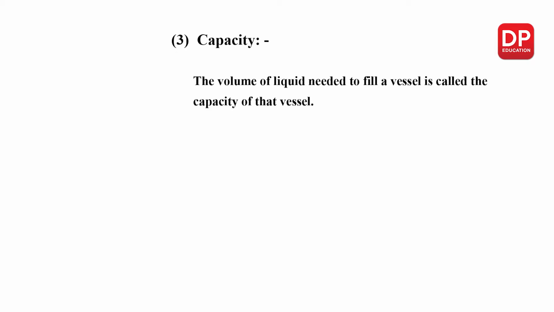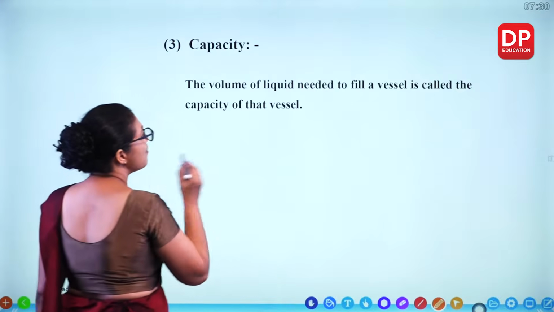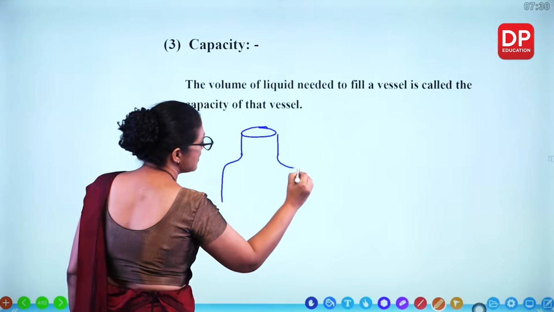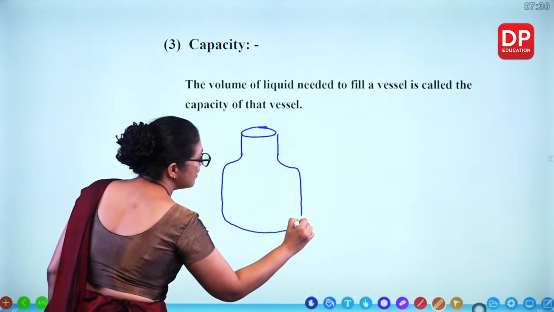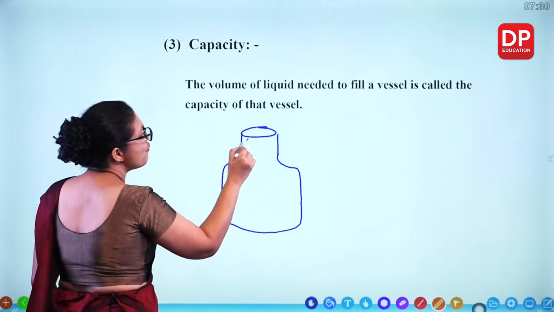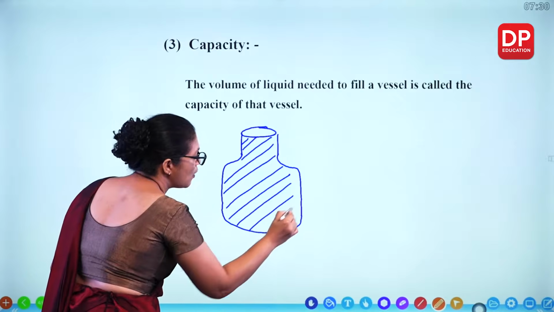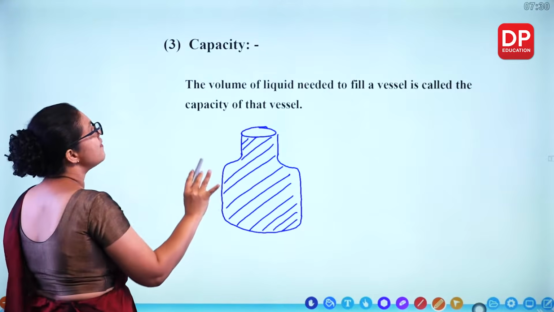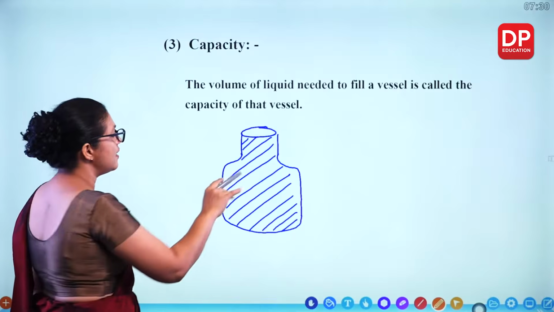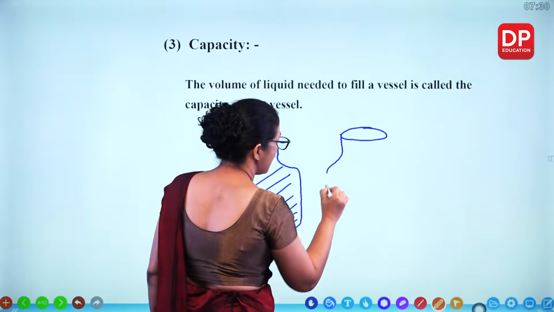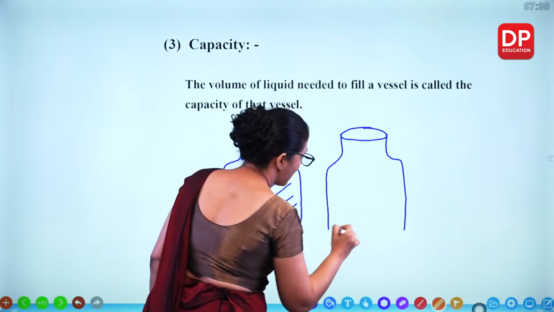What is capacity? The volume of liquid needed to fill a vessel is called the capacity of that vessel. So think about any vessel, any container. I'll take something like this. If you fill this container fully with liquid, that's the capacity. If we fill halfway, we don't say that's capacity.